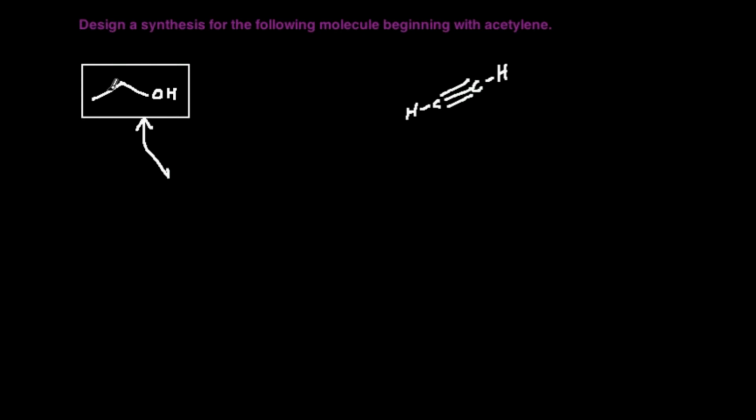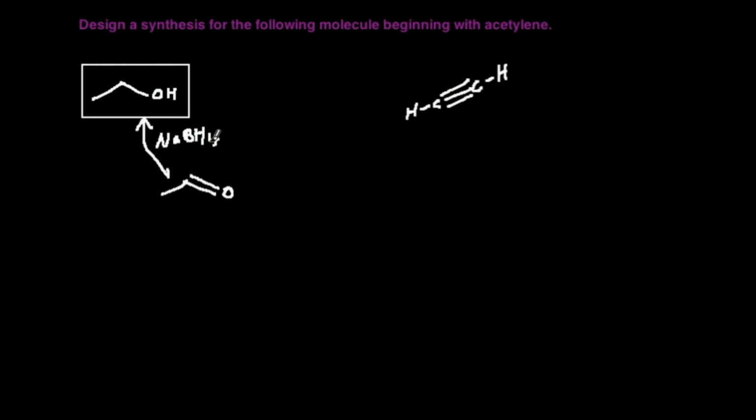So why don't I just try an aldehyde and see what happens? What's the corresponding aldehyde to ethanol? Well, it would look something like this, right? And I know the reagent to turn an aldehyde into this corresponding primary alcohol. I would just use sodium borohydride, okay?